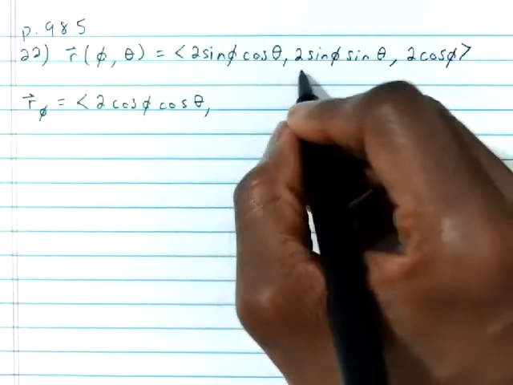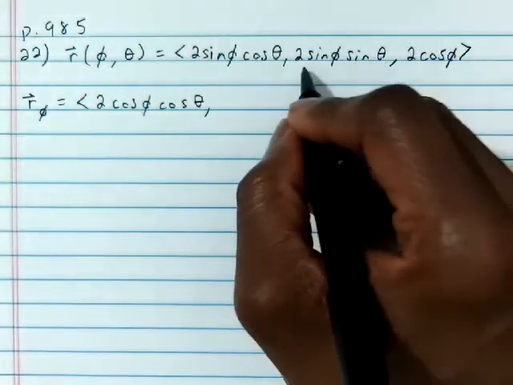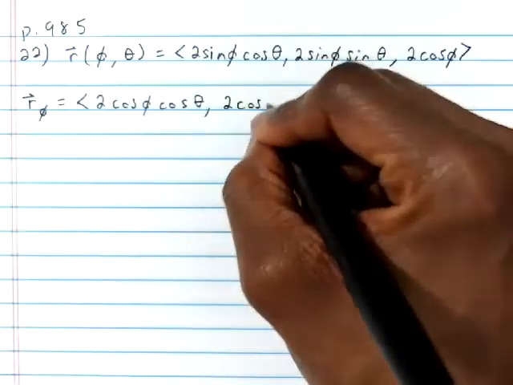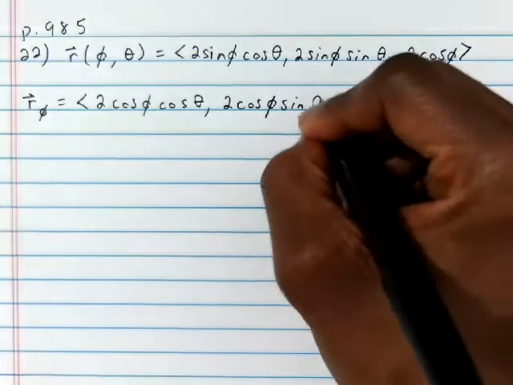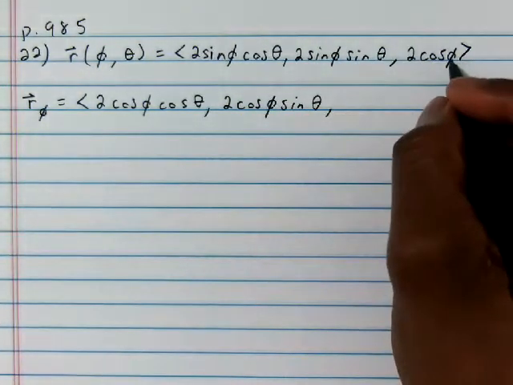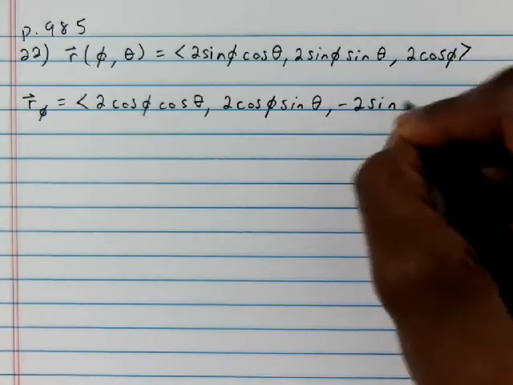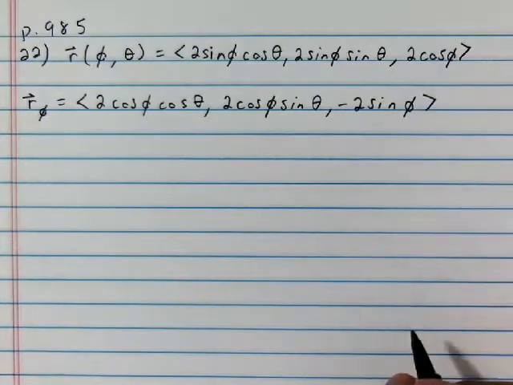And then the partial of this with respect to phi is 2 cosine phi sine theta. And the partial of this with respect to phi is negative 2 sine phi.